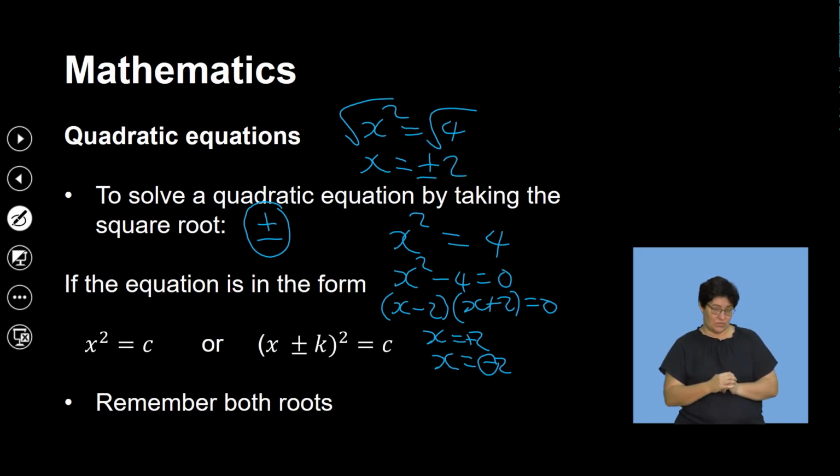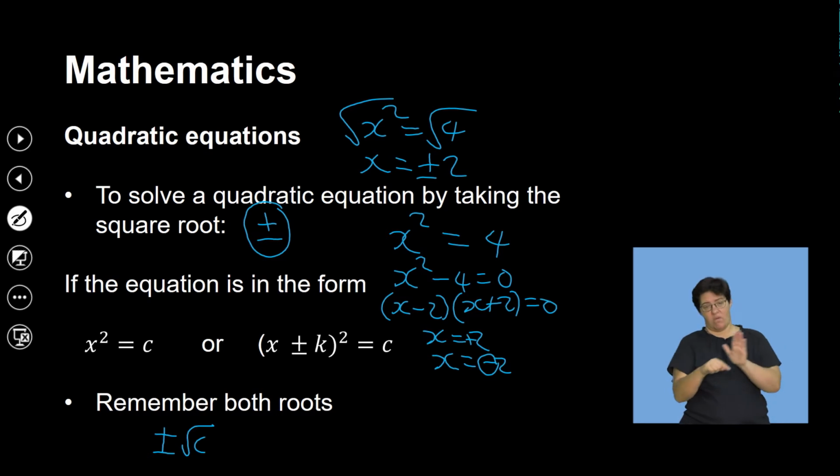But I just showed you how to make sense of that using factorization. If the equation is in the form x squared equals c, then your answer is always going to be plus or minus the square root of c. Similarly with (x plus or minus k) squared equals c, it's the same concept: you would have a plus or minus situation.